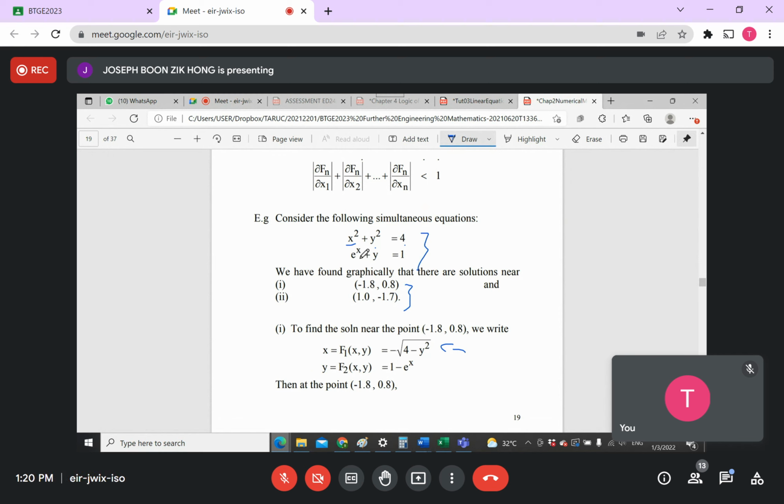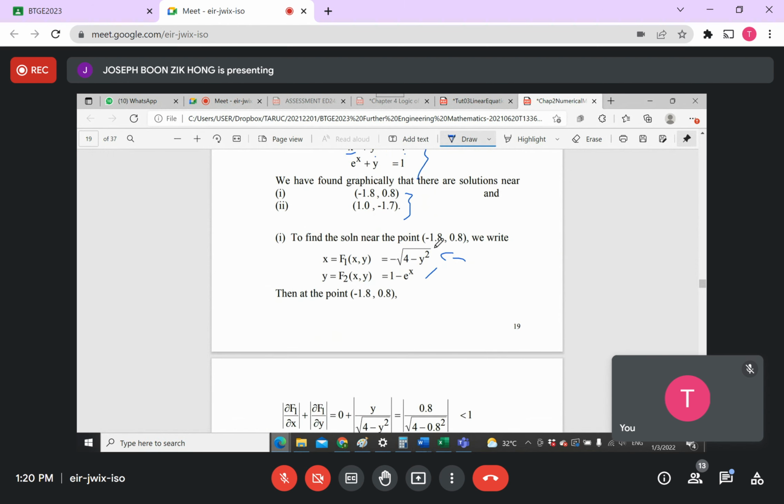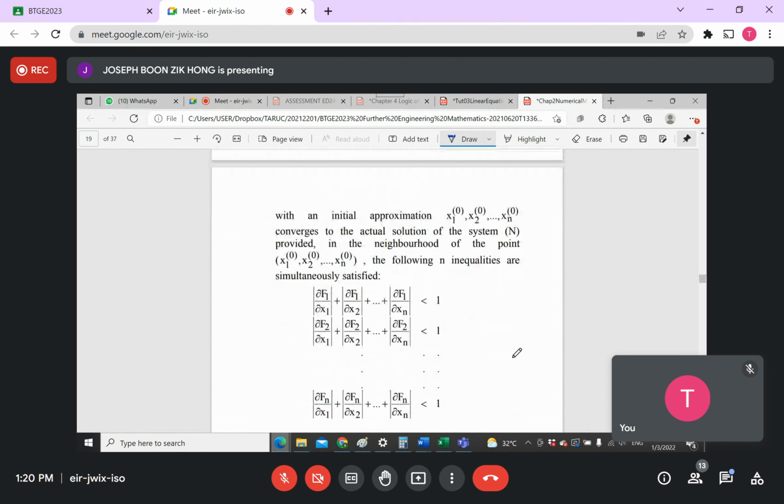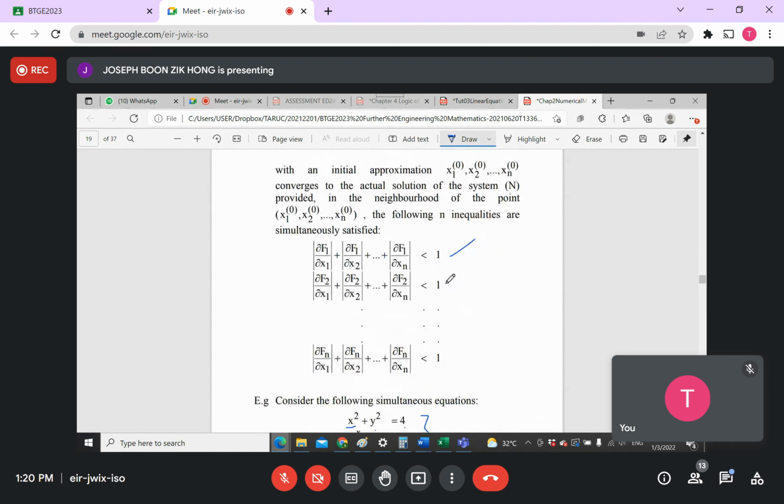And then from the second one, I get y. I move the x to the back, so 1 minus x. This will be my y. I have these two, then the starting point will be here. In order to use direct iteration, we need to check whether the sum of their differentiation is less than 1 or not.